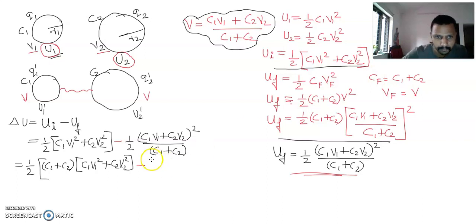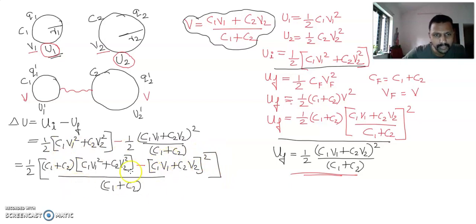Then it is (C1 V1 plus C2 V2) the whole square, the whole divided by (C1 plus C2). Clear? We have just made it into a single fraction by taking half out. Then we will have to expand this numerator.